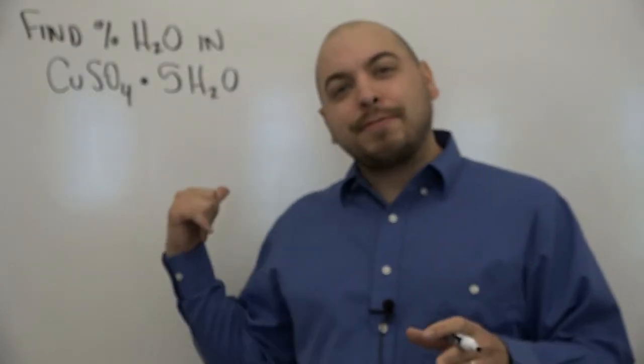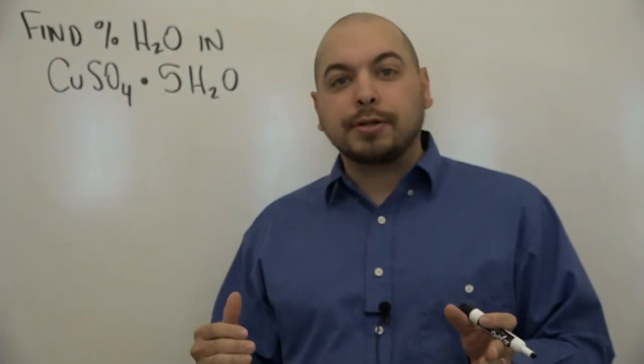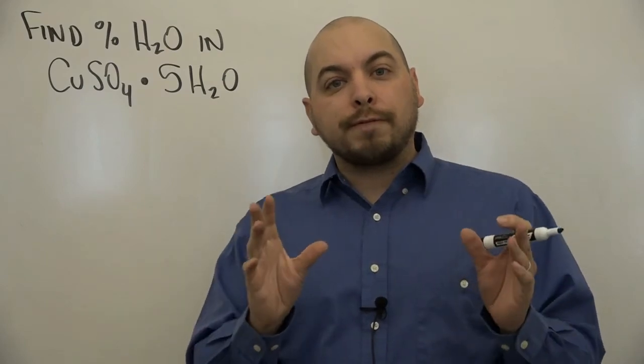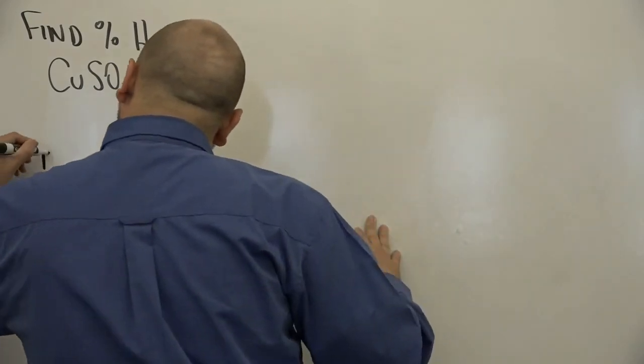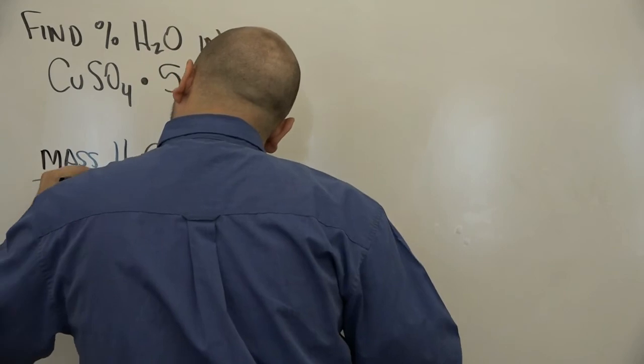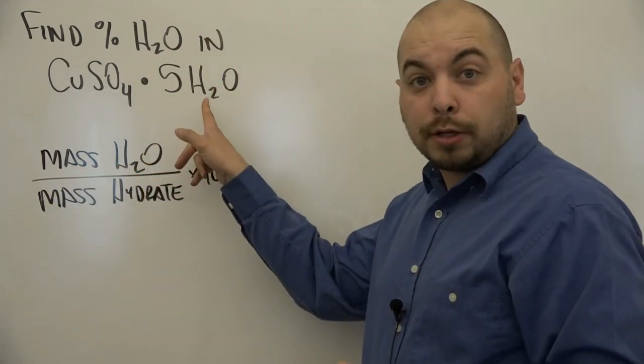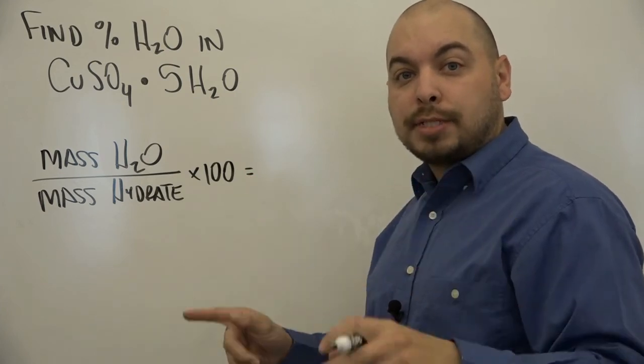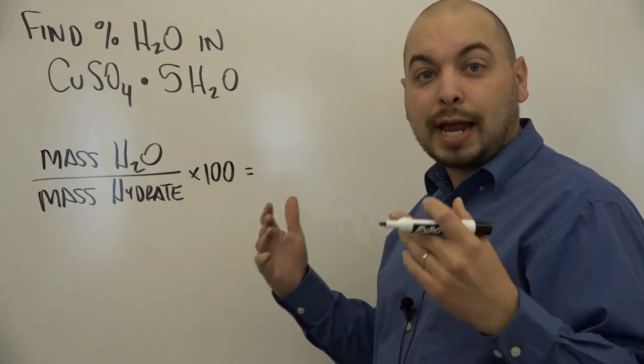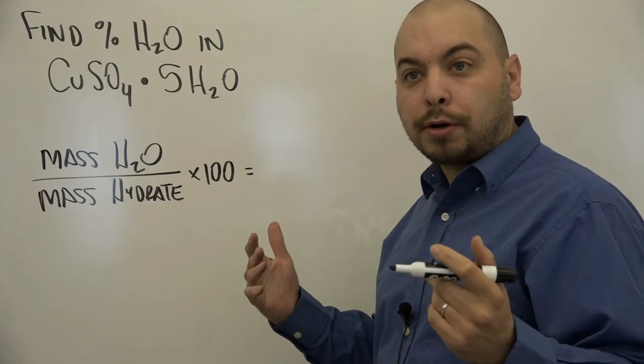All right, now that you've had a few seconds to solve it, let's look through it together. Again, we're going to write our general formula first. There are 5 water molecules, so we're going to multiply 5 times 18, which gives us 90 grams per mole of water.